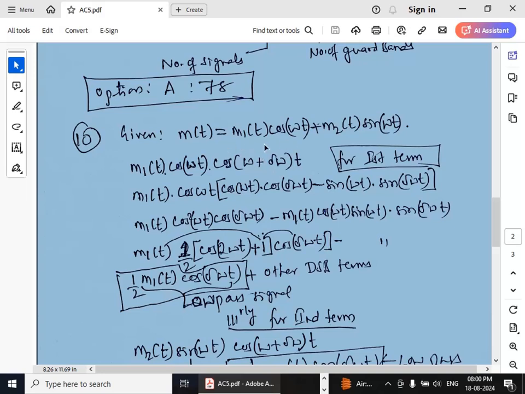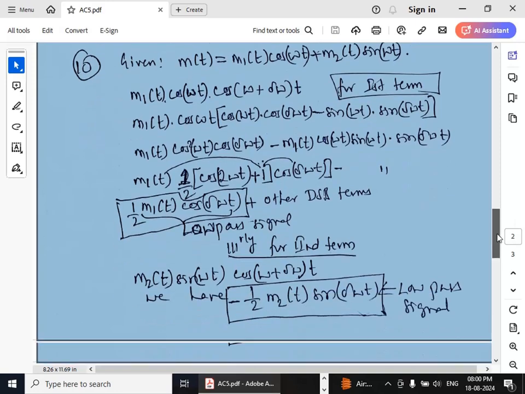So we consider the first term, m1 cos omega t, multiplied with the carrier. By applying the trigonometric identities, what we get is this part, 1 by 2 m1 cos delta omega t. The other terms are sideband terms, which are filtered by the low pass filter. This is for the first term.